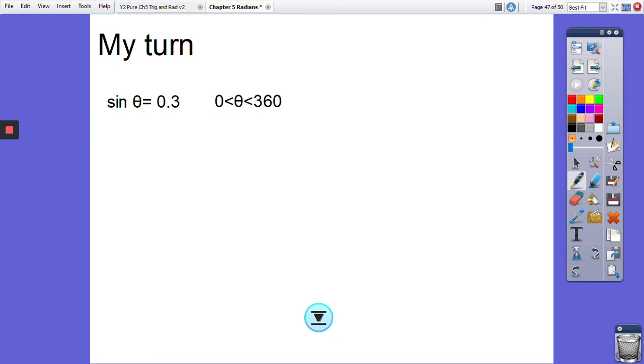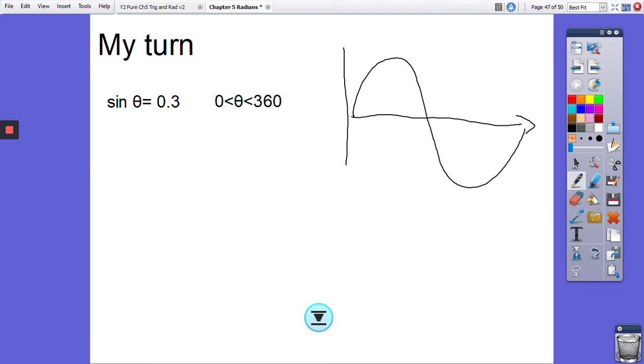Let's sketch a graph of sine between 0 and 360. So if you remember, sine looks like this between 0 and 360. So there's 0.3. So if I do the inverse sine of 0.3, it gives me the principal value, which will be this here.